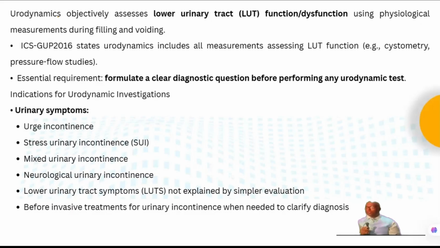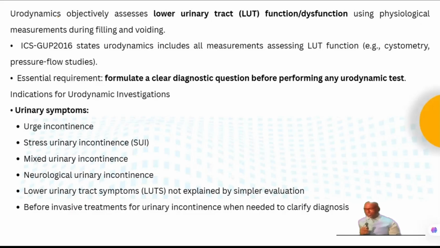The International Continence Society Good Urodynamic Practices 2016 states that urodynamics includes all measurements assessing lower urinary tract function, that is cystometry, pressure flow studies, etc. An essential requirement is to formulate a clear diagnostic question before performing any urodynamic test.